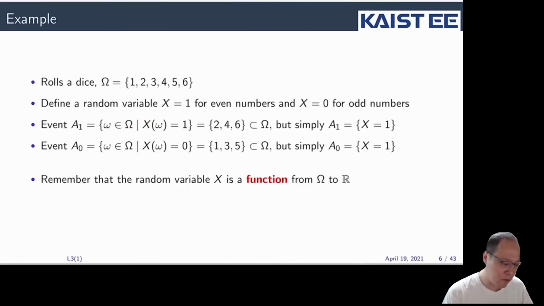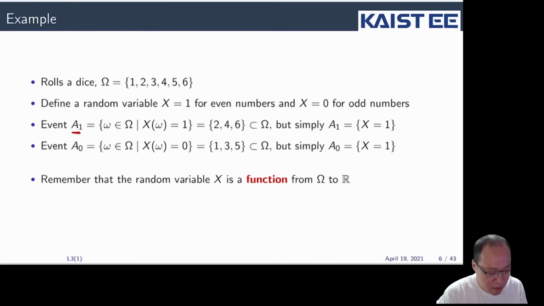Let me give you an example. Suppose that somebody rolls a die, then the sample space consists of the 6 random outcomes, 1, 2, 3, 4, 5, 6. And let's define my random variable: X becomes 1 for even numbers and X becomes 0 for odd numbers. Everybody knows this example, but I just want to highlight the relation between the event and the fact that the random variable X takes a value.